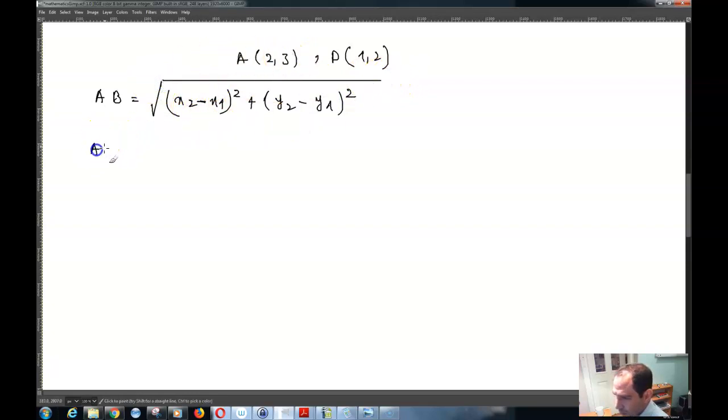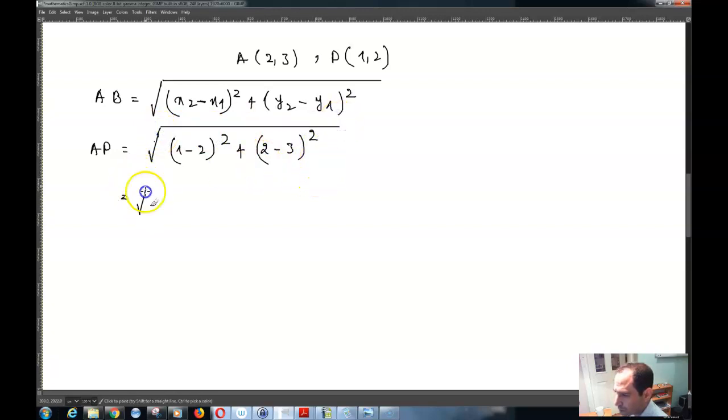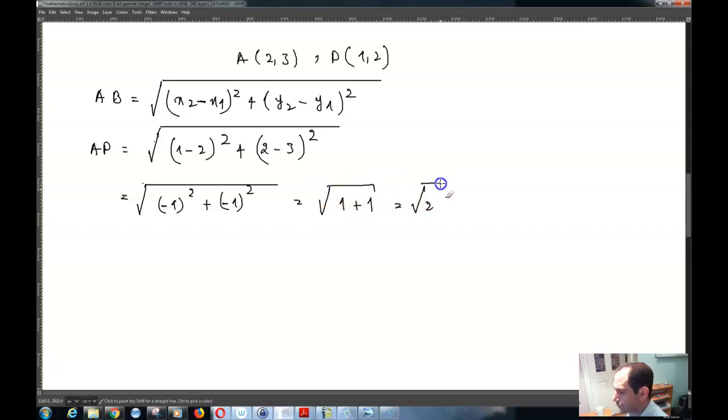Based on this, AP is equal to the square root of 1 minus 2 whole squared plus 2 minus 3 whole squared, which is negative 1 whole squared plus negative 1 whole squared, which is 1 plus 1, equal to the square root of 2.